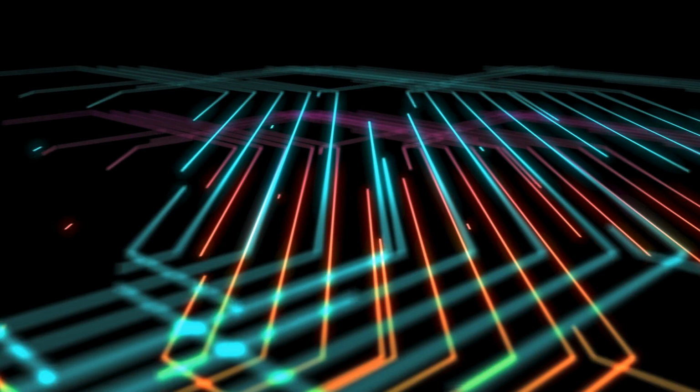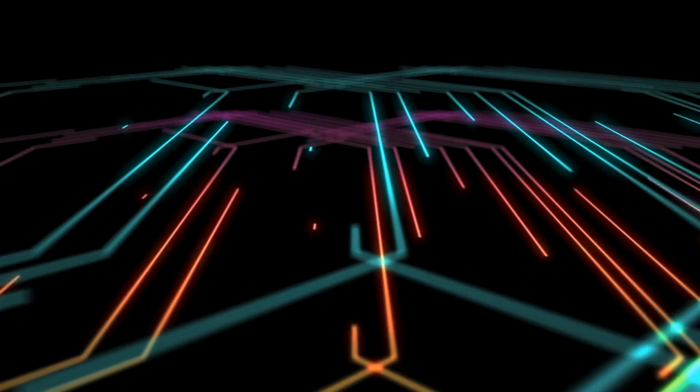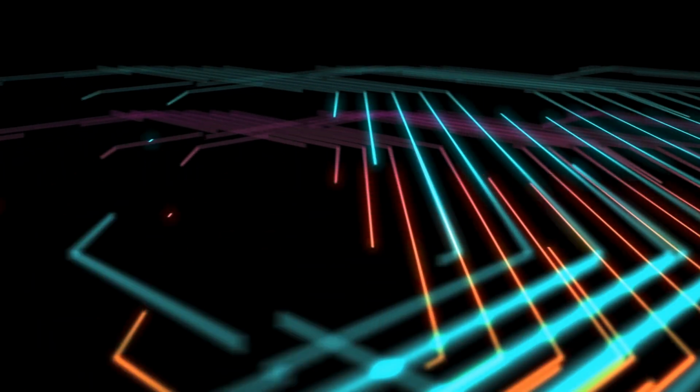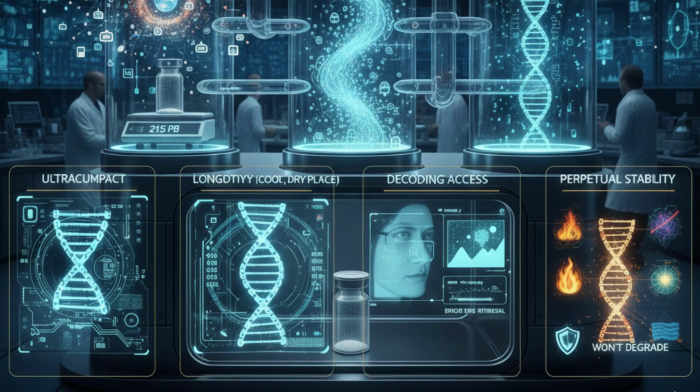Yet with this technology, DNA offers several remarkable advantages. Its density is unmatched, so no other medium can store so much information in such a small space. It is incredibly stable, capable of preserving data for thousands of years if kept dry and cool.